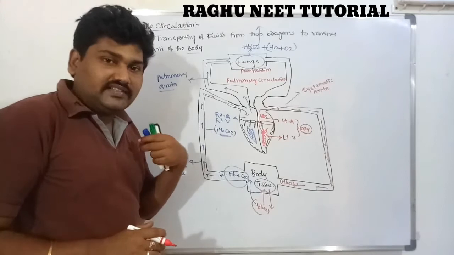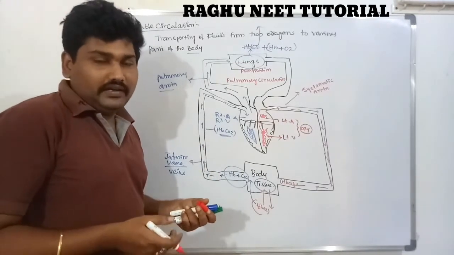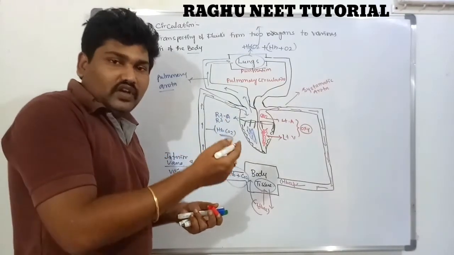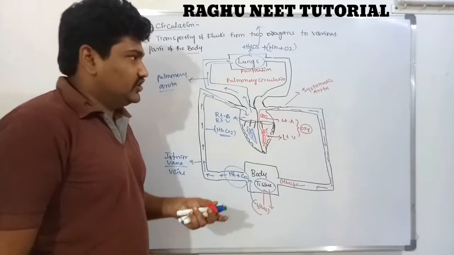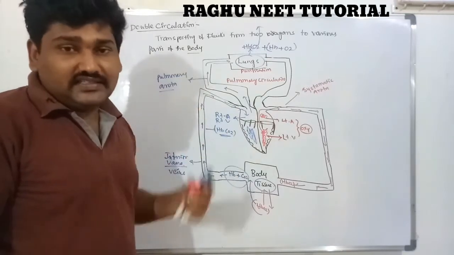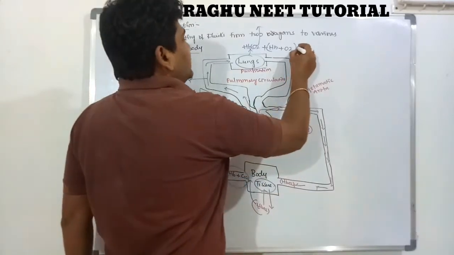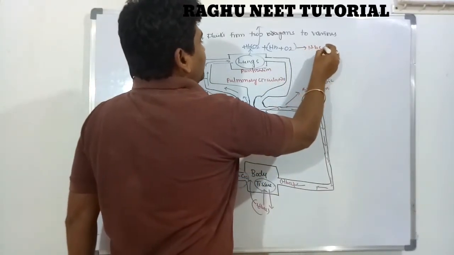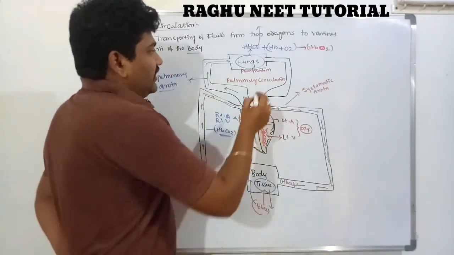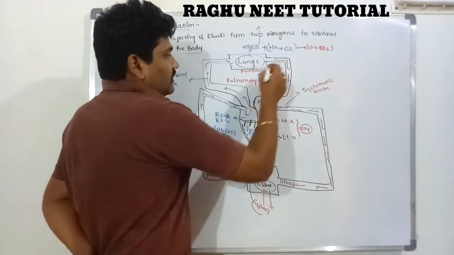The carbon dioxide is released from the blood to the alveoli to outside of the body through respiration. Next, the oxygen directly associates with hemoglobin, forming oxyhemoglobin.